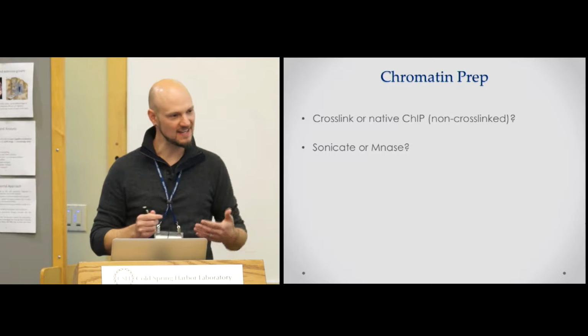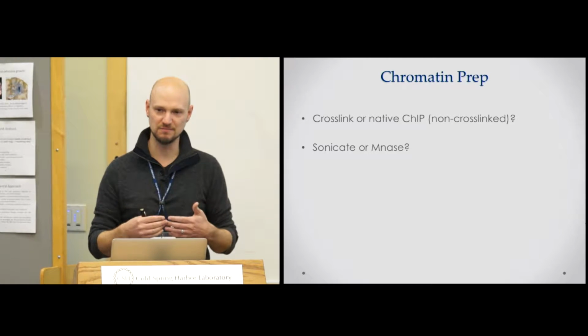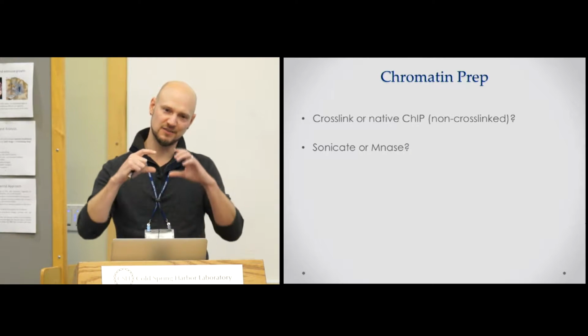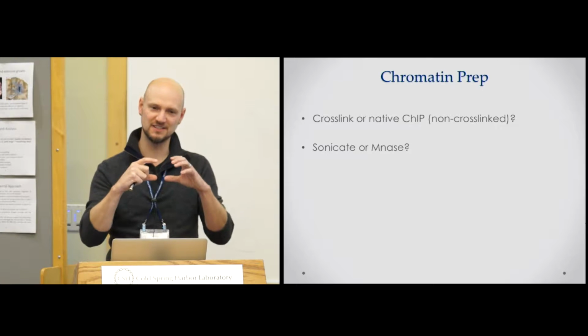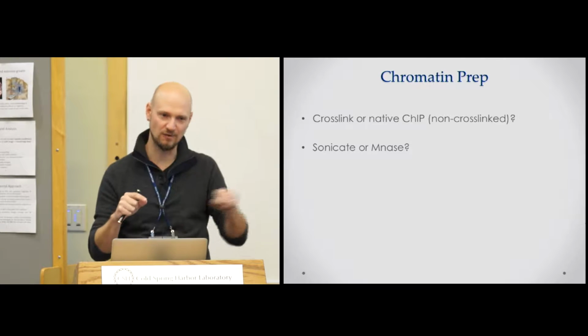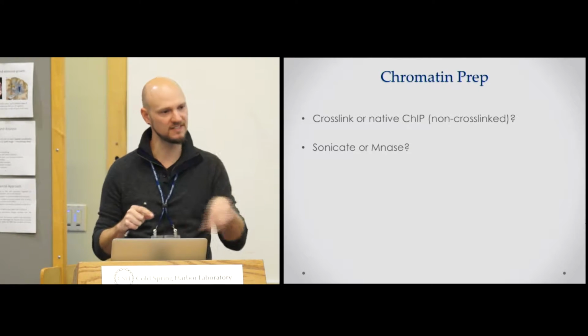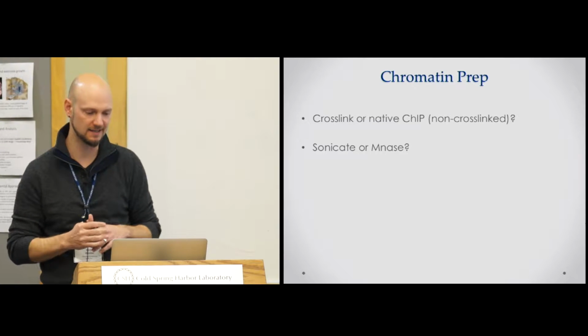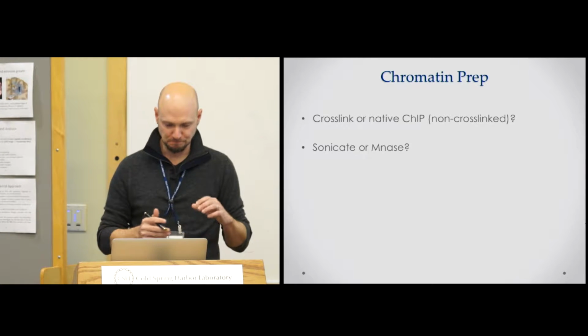And so if you were to run that DNA on a gel after an MNase treatment, you should see, at approximately 150 to 200 base pairs, a band, which is the wrap of DNA around a nucleosome. The wrap of DNA around a nucleosome is 148 base pairs. And that wrap around the nucleosome is actually enough to maintain that protein-DNA interaction. So if you're ChIPing histone modifications, you don't actually need to cross-link your cells.